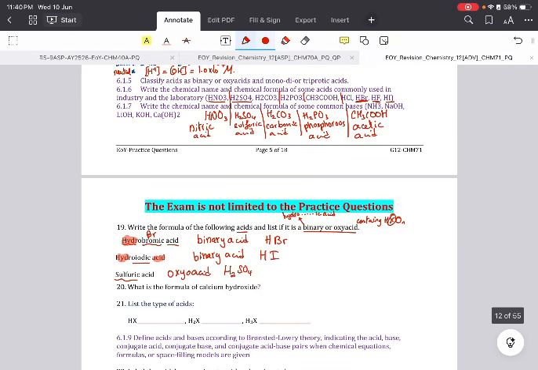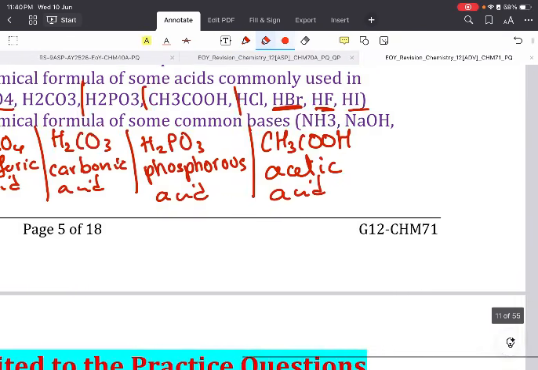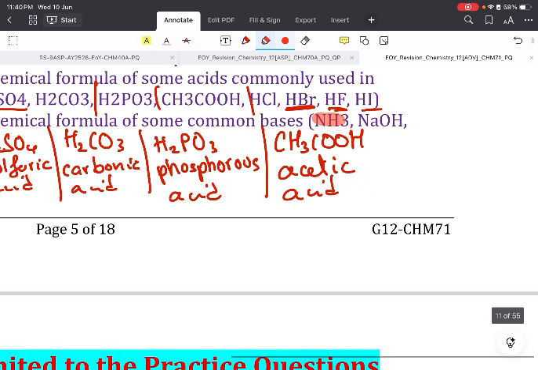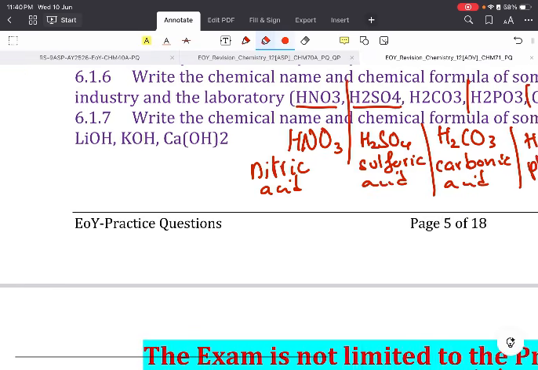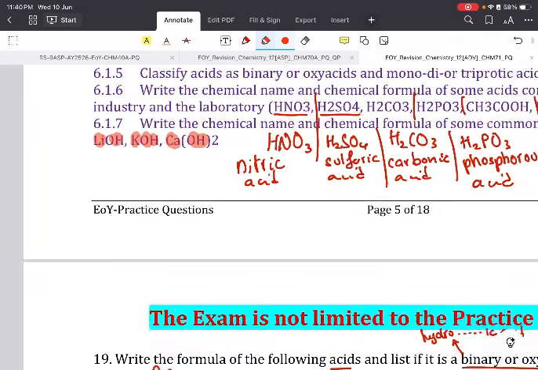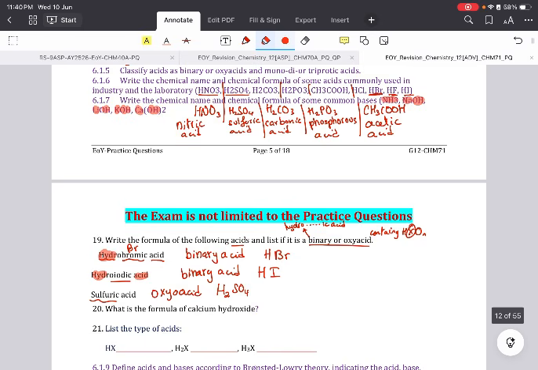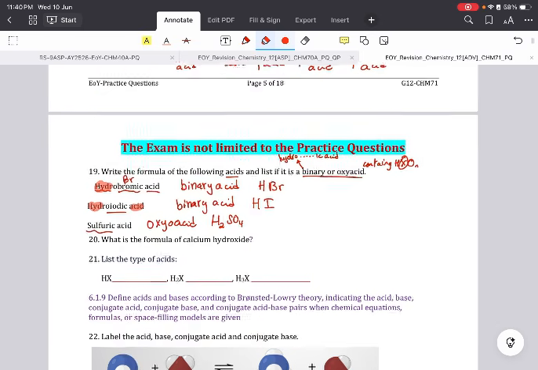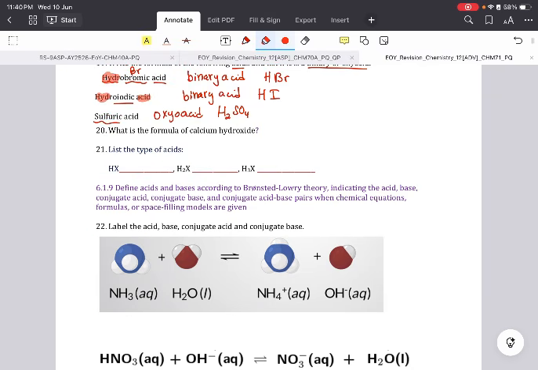Now, when it comes to the names of bases, remember that this is ammonia, this is sodium hydroxide, this is lithium hydroxide, this is potassium hydroxide, and calcium hydroxide. And this is why I told you in group 1 and 2 elements, memorize the names of the elements over there.